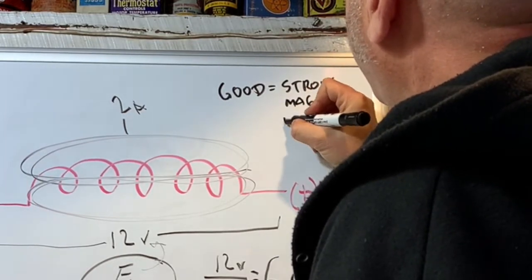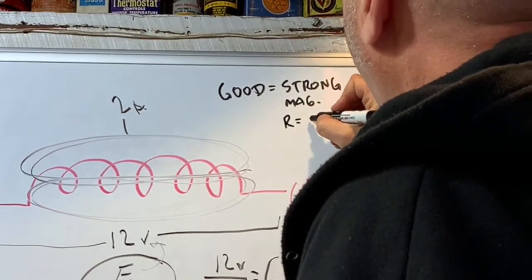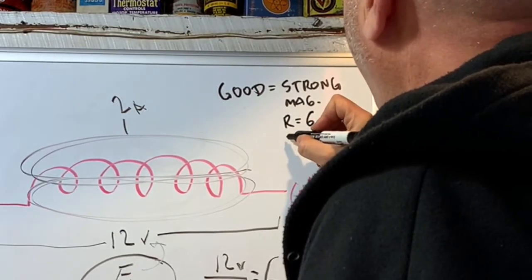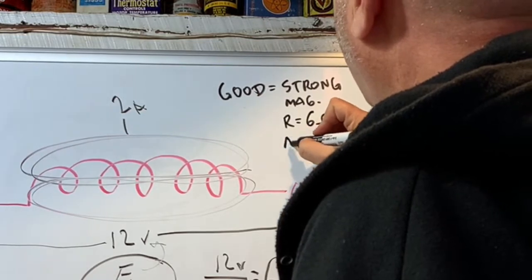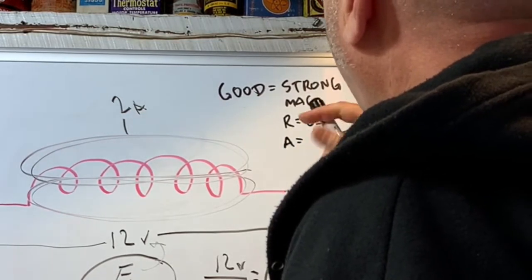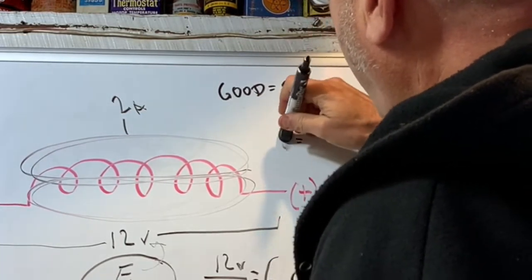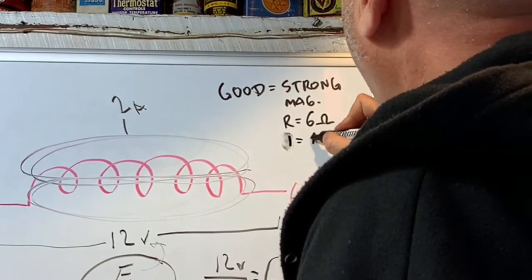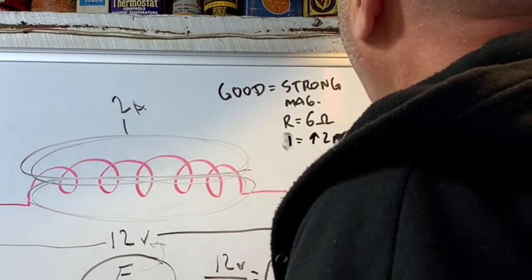Our resistance is going to be 6 ohms, and our current, well, I'll use I rather than A for amperes. Our current is going to be high. It's going to be 2 amps. Okay.